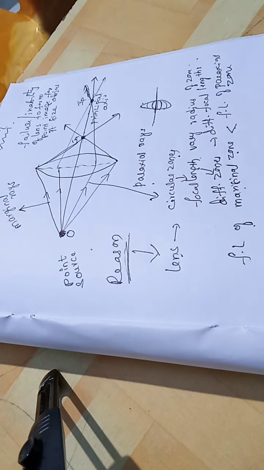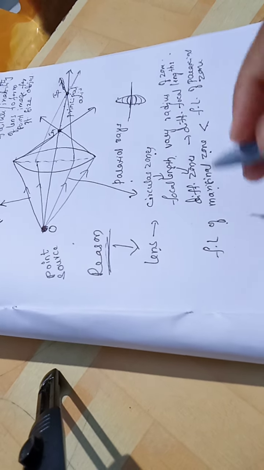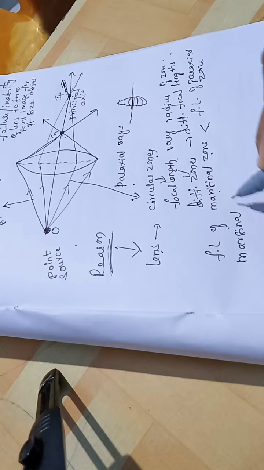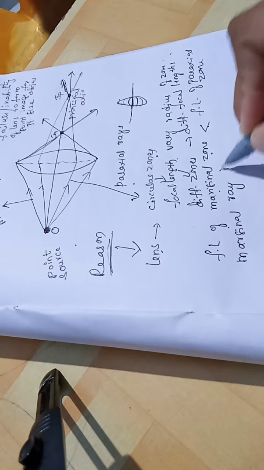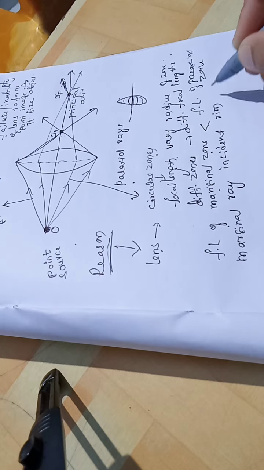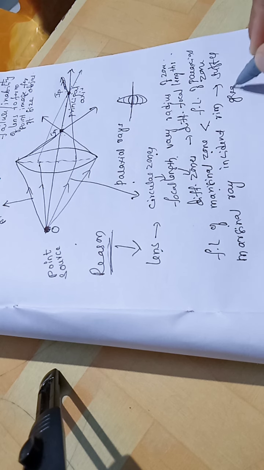In other words, we can also say that as marginal rays are incident at the rim of the lens, they suffer greater deviation.